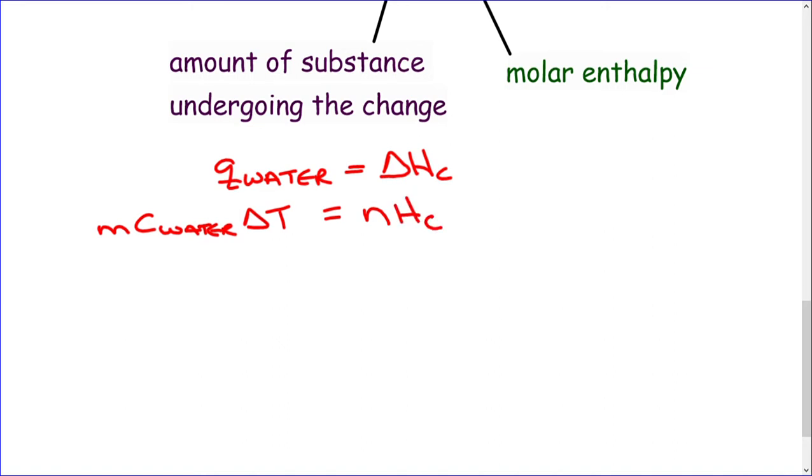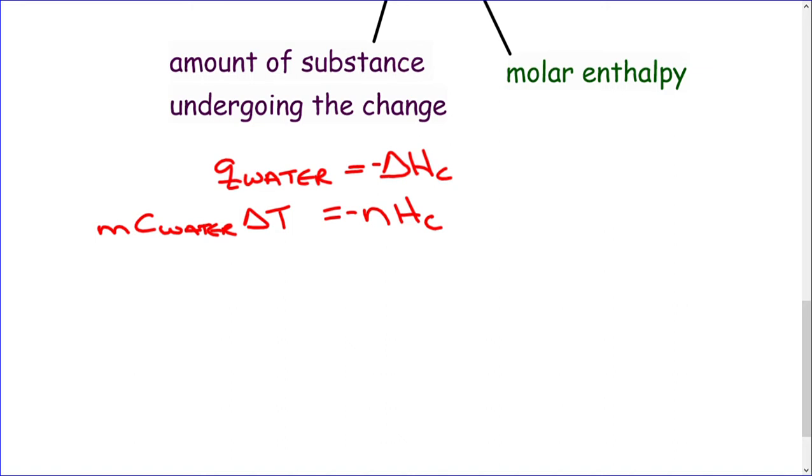Now this whole thing is being lost, so I'm going to have a negative show up here. When we start to plug in our values, keeping in mind we have energy lost, so we have a negative, we're going to see that negative cancel out pretty quickly.